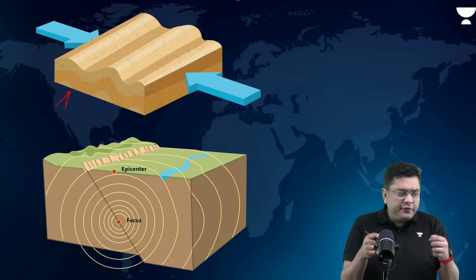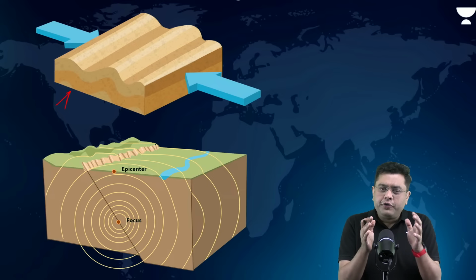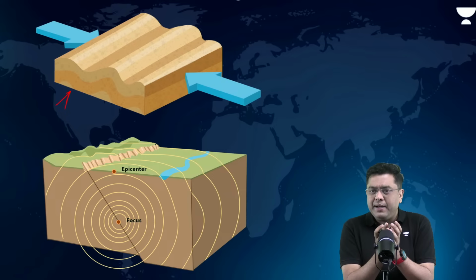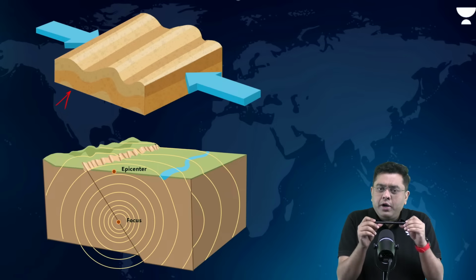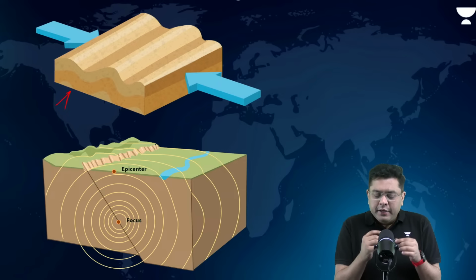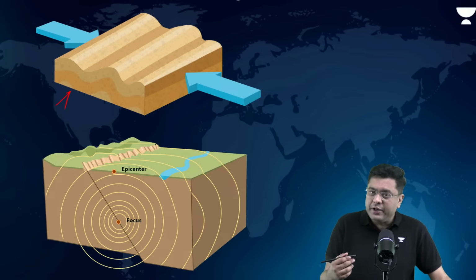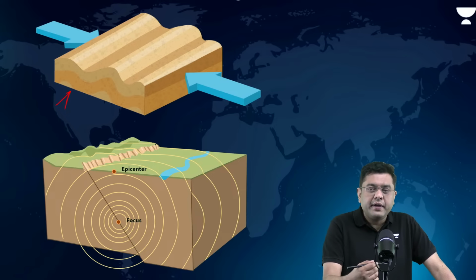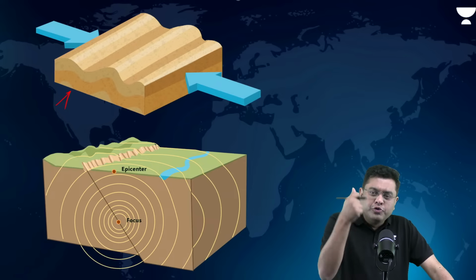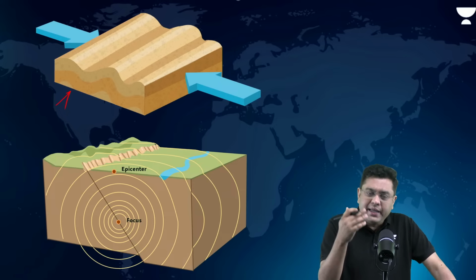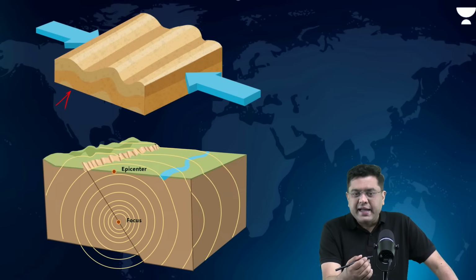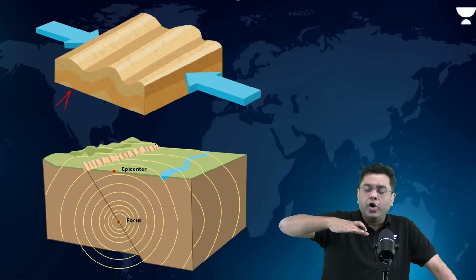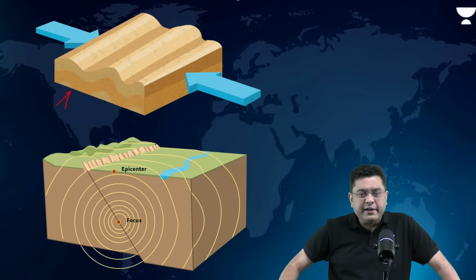If I take a piece of paper and extend force on it, the paper can bend. But if I take this pen and apply force on it, it will not bend, it will break. So when excess forces are applied on the interior, it breaks. And then any sudden movement in the interior releases an immense amount of energy. That leads to the shaking of the earth's surface, and that is what we refer to as an earthquake.